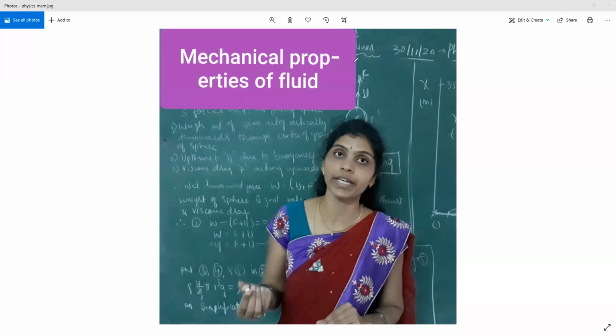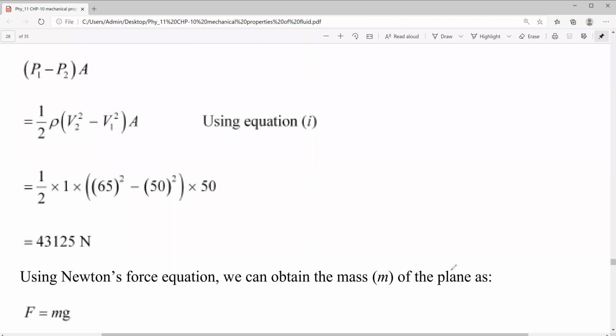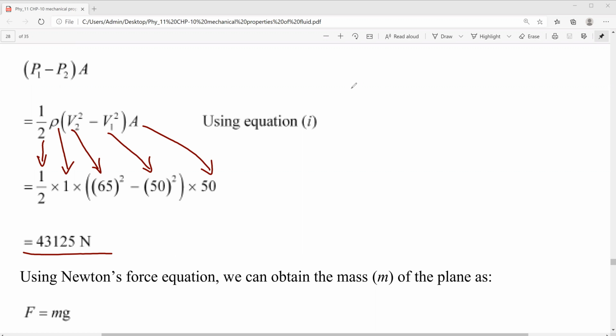Half is kept as it is, and the density value is substituted. V2 is 65 and V1 is 50, with the square factor. Area is substituted as 50 and we got that one as 43,125.